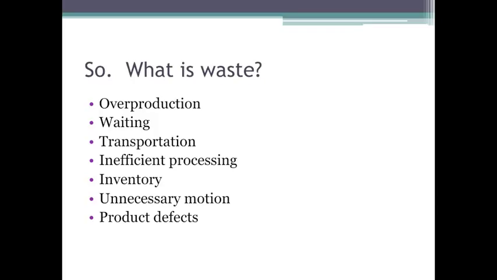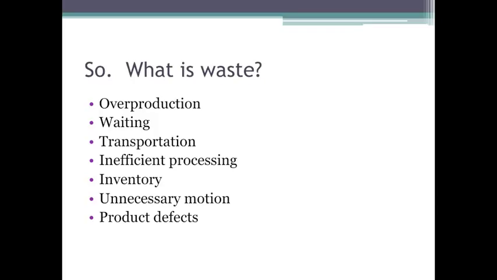Well, there's a bunch of different ways we can do that. Overproduction. If we make too much, it becomes difficult to sell. Waiting. If the goal is to take money, transform it to stuff, and then transform it back into money. Transportation. If we don't need to send something halfway around the world, why send it halfway around the world?